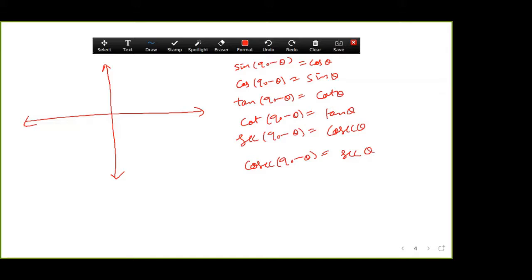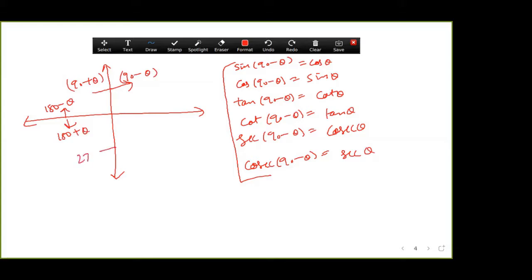This we have studied. As you know, 90 minus theta means we are here in this quadrant. What happens if it is 90 plus theta? Or 180 minus theta and 180 plus theta.